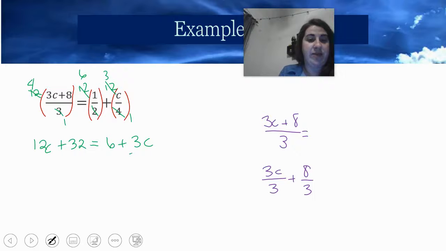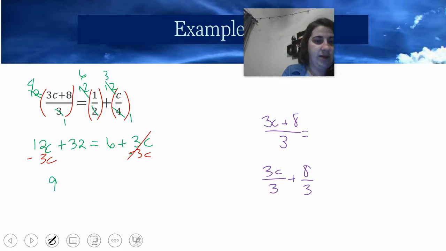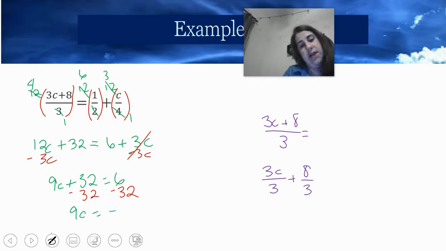I'm going to move my 3c over. These cancel out. I'm left with 9c plus 32 equals 6. I'm going to subtract 32 from both sides, and I get 9c equals negative 26.